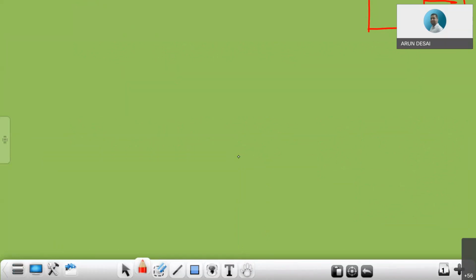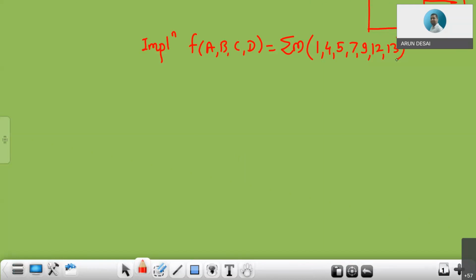The question is like: implement summation of m(4, 5, 7, 12, 13) using a 4 to 1 mux.